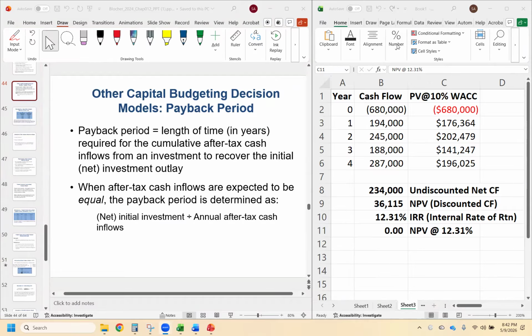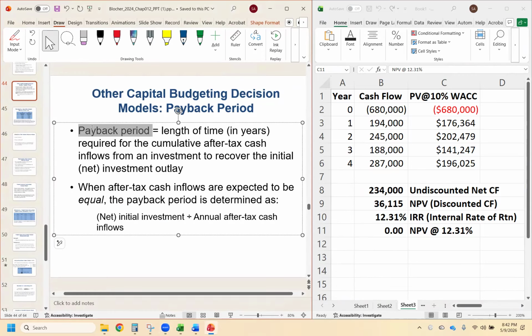Okay, I want to talk about 2 other calculations that we're going to look at in this chapter that aren't the net present value calculation. One is called the payback period calculation, and this is basically just you calculating how long it'll take a project to pay for itself, but not taking into account the time value of money.